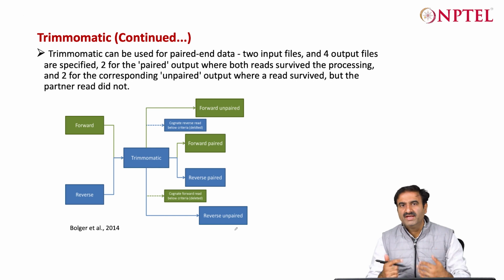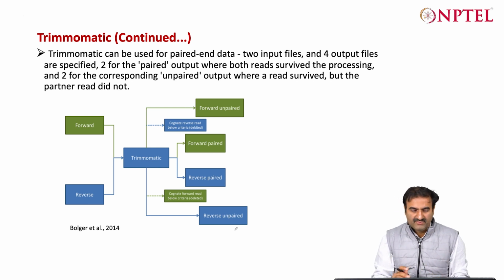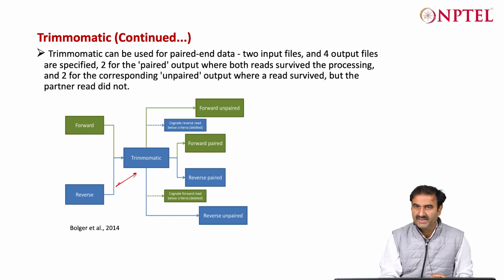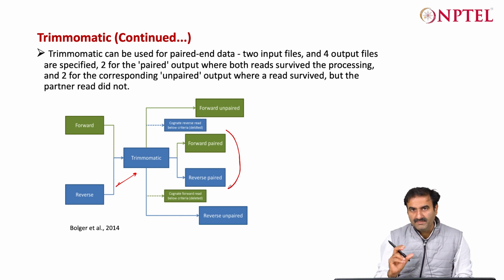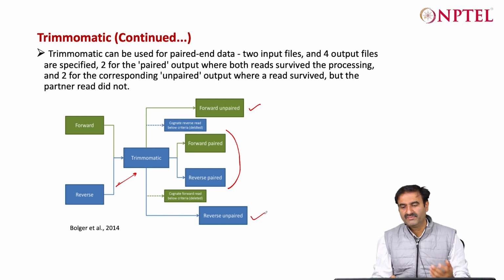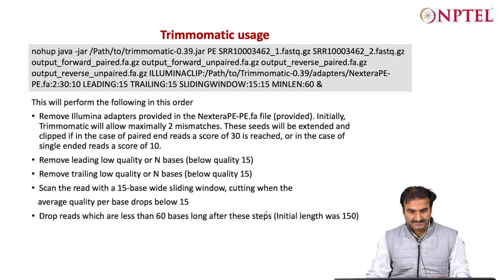So you will have 4 types of files from the forward and reverse reads that go into Trimmomatic: forward paired and reverse paired, where both the forward and reverse partners are retained, or forward unpaired, where the reverse is dropped, and reverse unpaired, where the forward is dropped because of the quality filtering.